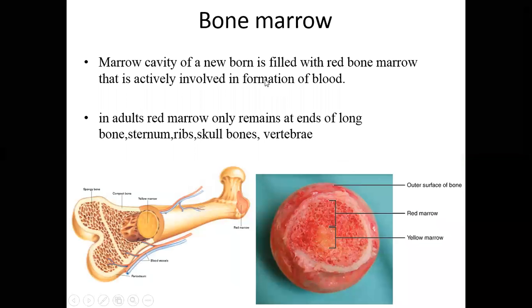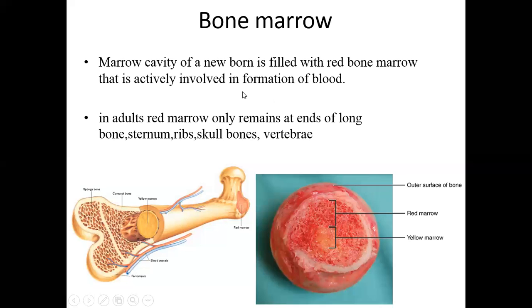So the marrow cavity of a newborn is filled with red bone marrow, because it is actively participating in the formation of blood. So this is red bone marrow. This is mainly seen in the newborn, but definitely it is seen in adults as well. But the amount of red bone marrow will be more in the newborn.